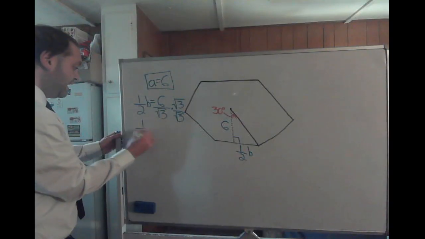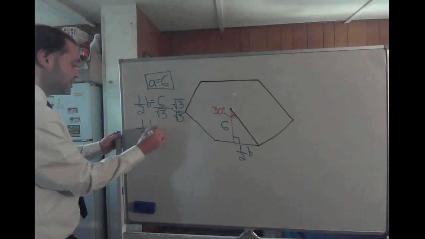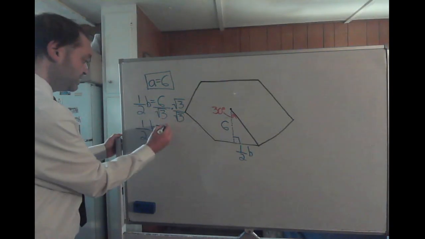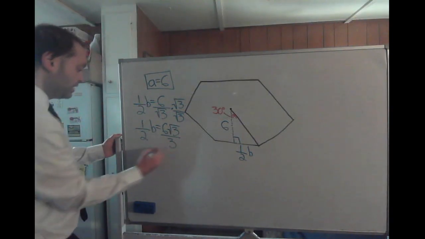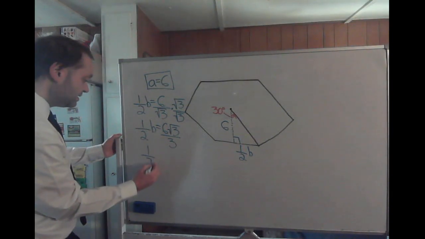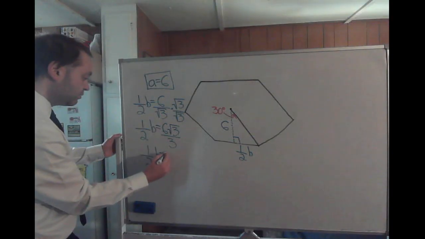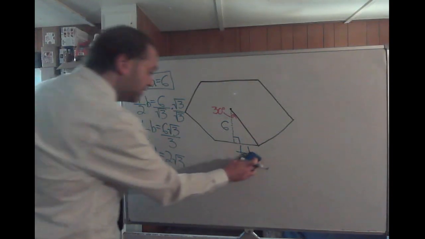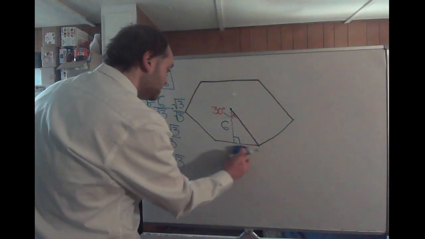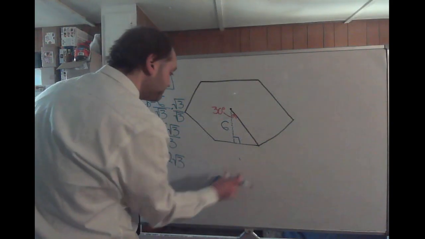So then you would get half the base is equal to 6 times the square root of 3 divided by 3. So half the base is equal to 2 times the square root of 3. Keep that in your memory there.